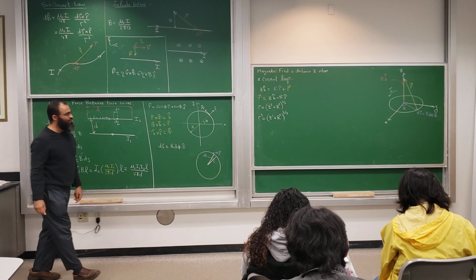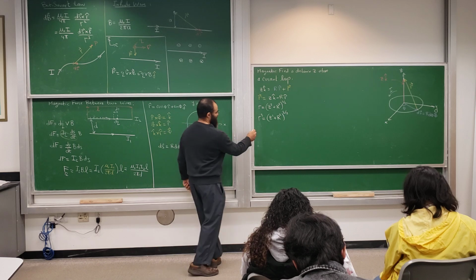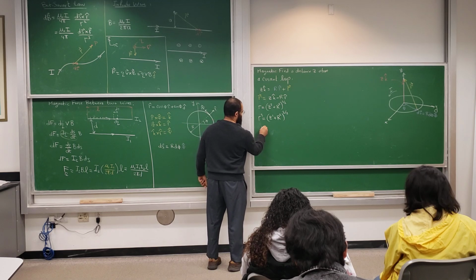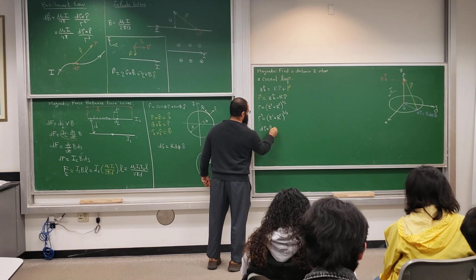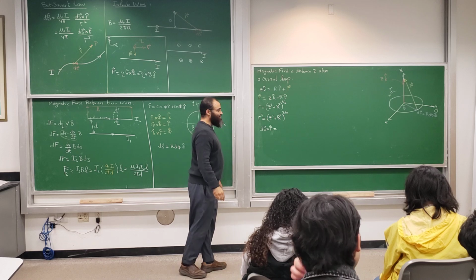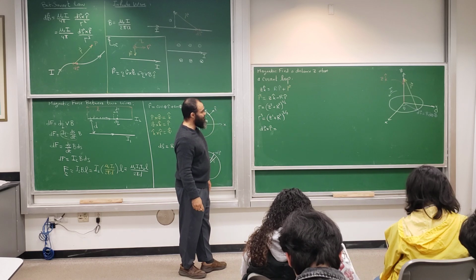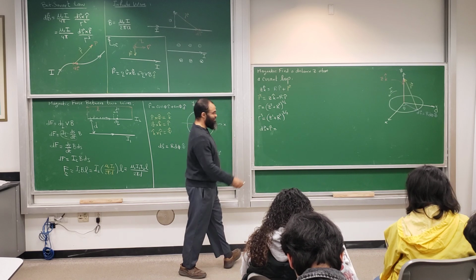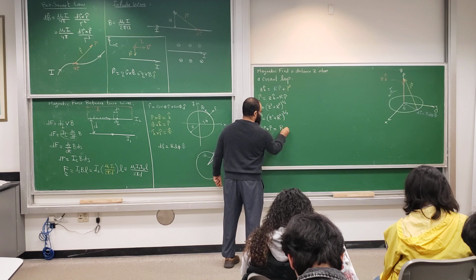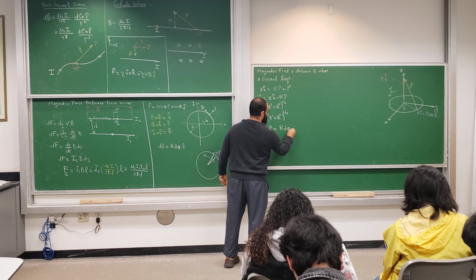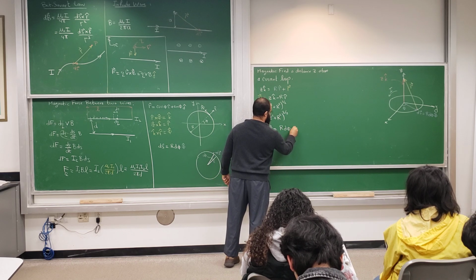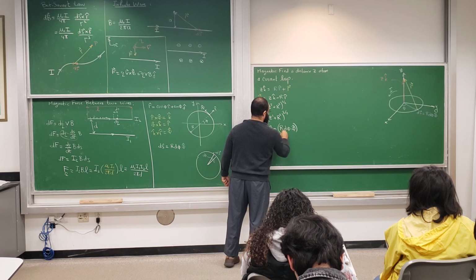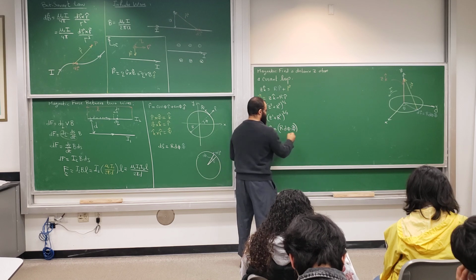We need to do ds cross with r. So what's ds? It's R dphi phi hat. And then the cross product, I would use a different color.